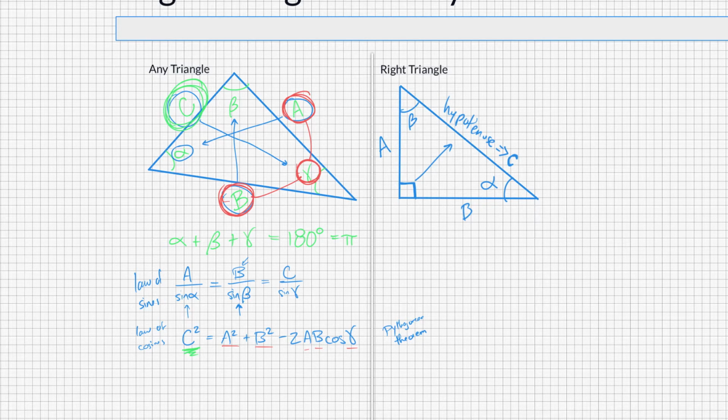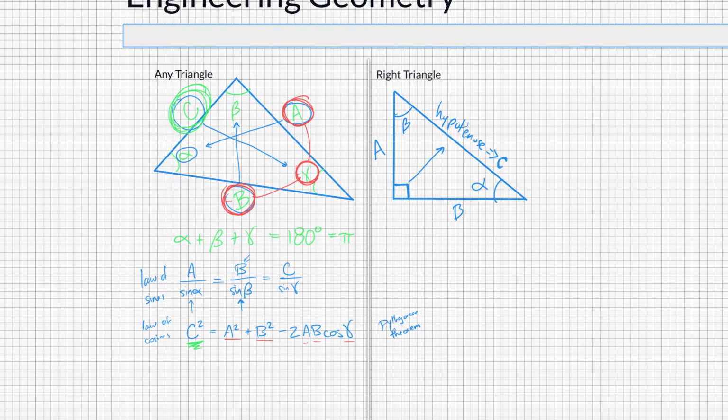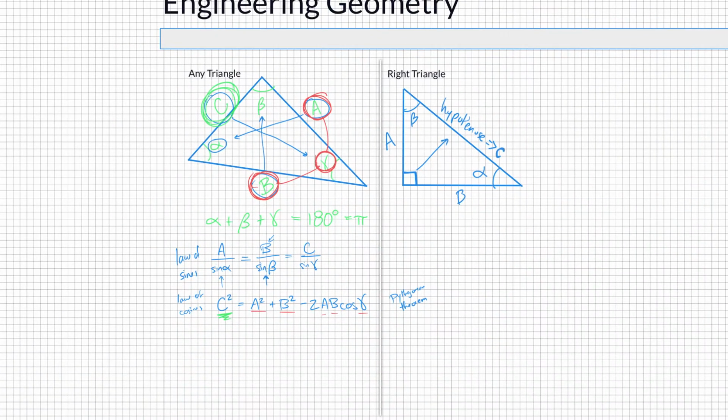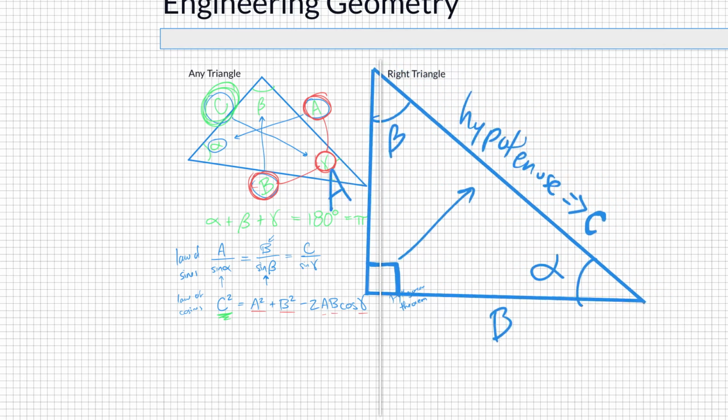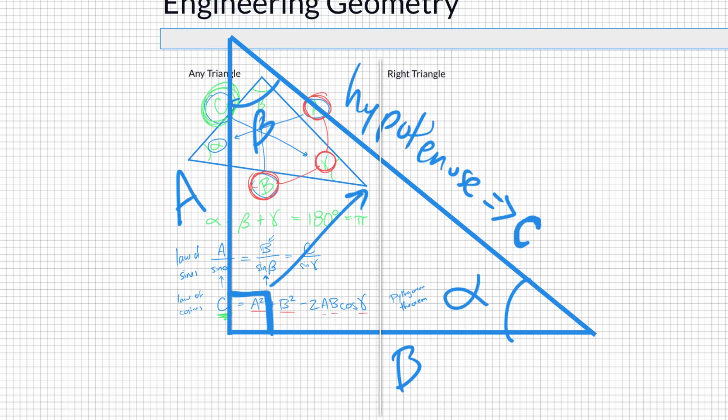One of the cool things about a right triangle is what somebody noticed, and I don't know who this person was. If you wanted to make this triangle twice as big, so if I made this thing huge, notice that I made the hypotenuse bigger, but I also made A bigger and B bigger.